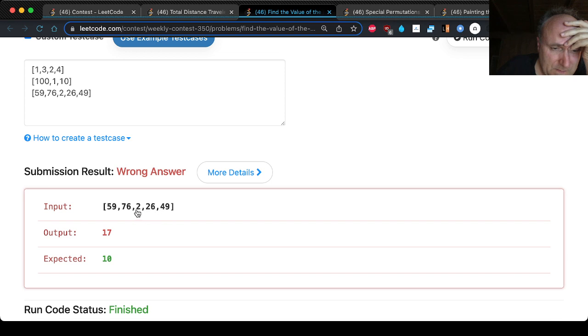Oh. Yes. So 49. Okay, so 49 and 59. So it's 2, 26, 49. Okay. So we're doing max or suffix. So suffix max.